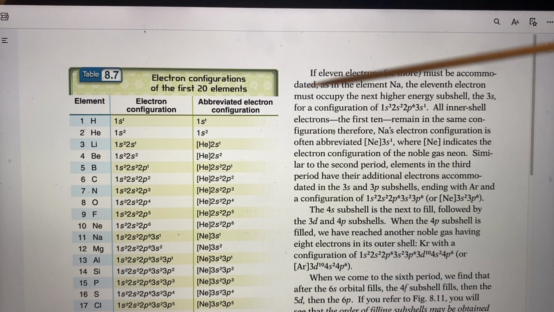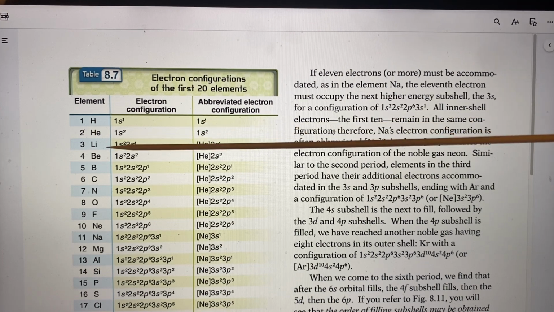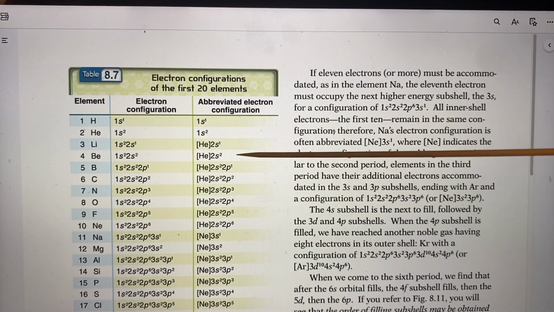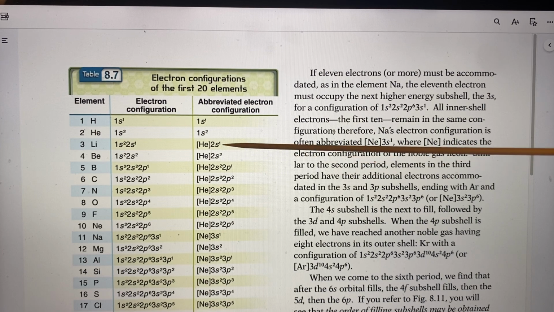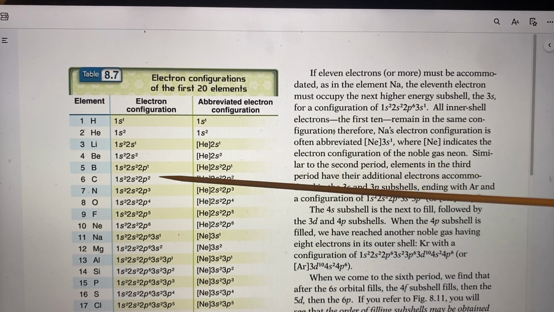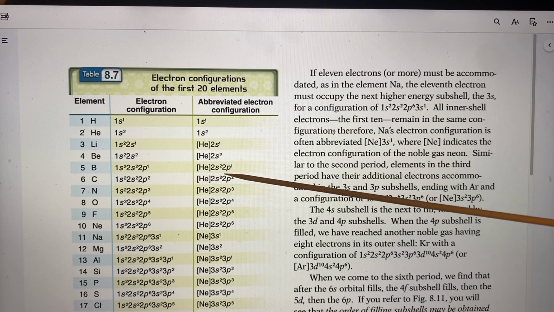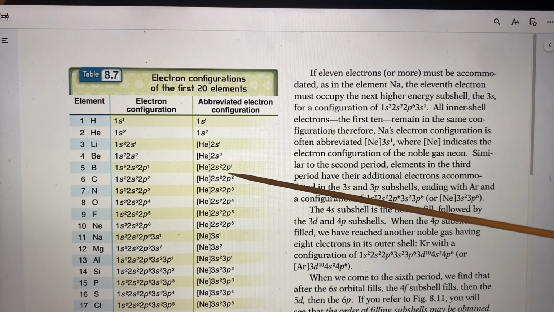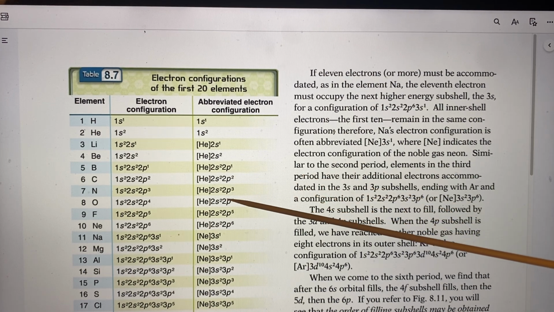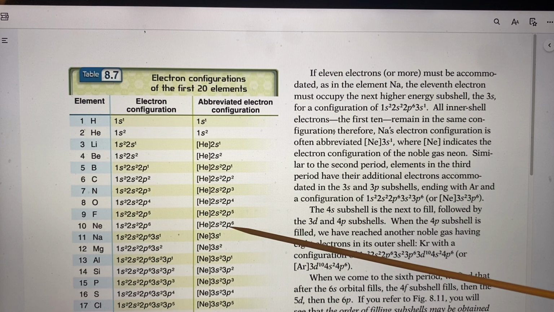So you see as you go down the line from lithium, you have the next one here, just 1 more electron, and then as you go to B here, you'll find that it goes to p, and p has 6 levels: p1, p2, p3, p4, p5, and p6.